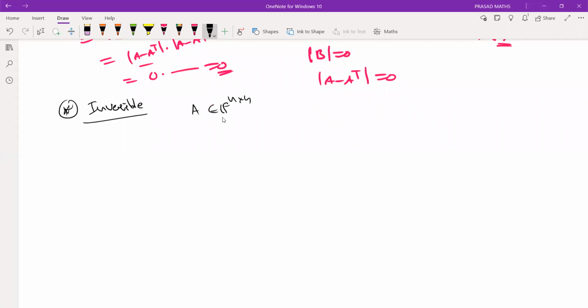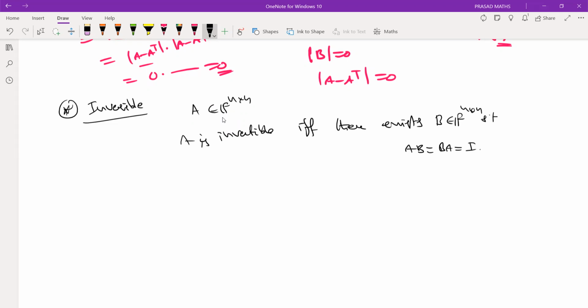A is invertible if and only if there exists a square matrix B such that AB equals BA equals I. In this case, one can say that A is invertible. One can write B as the inverse of A. So B is simply denoted by A inverse. So A is an invertible matrix.